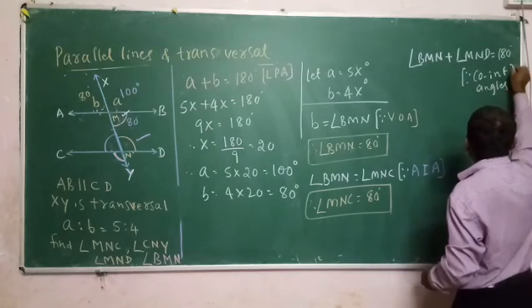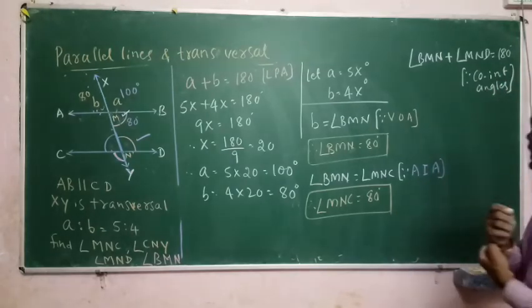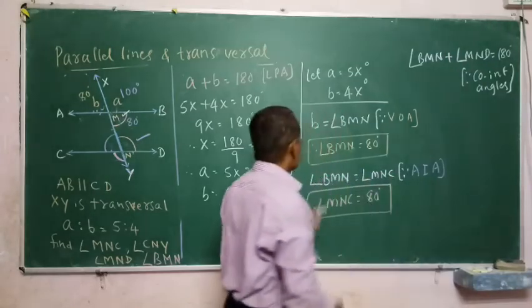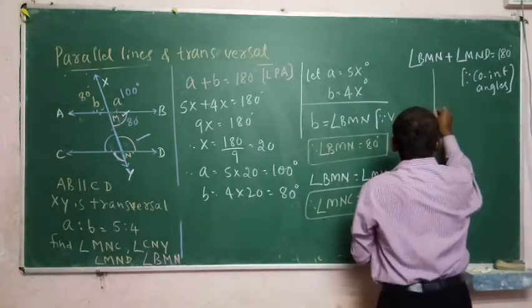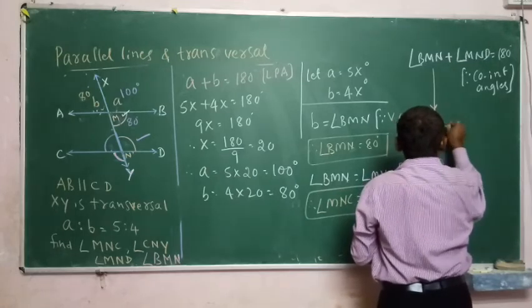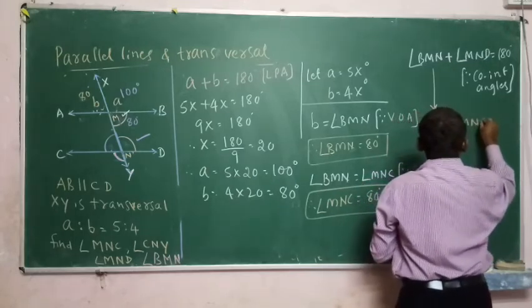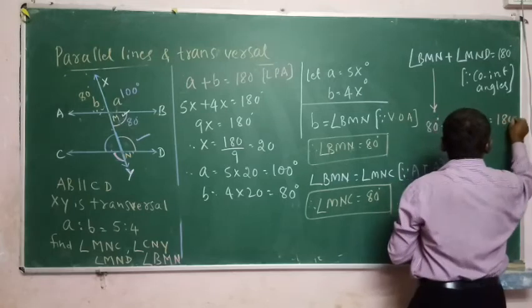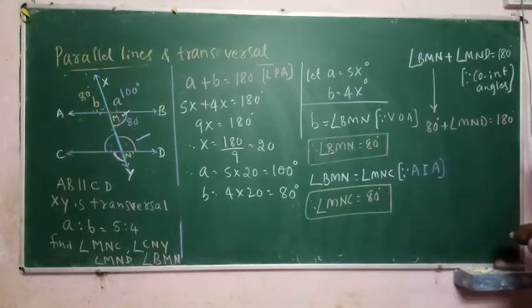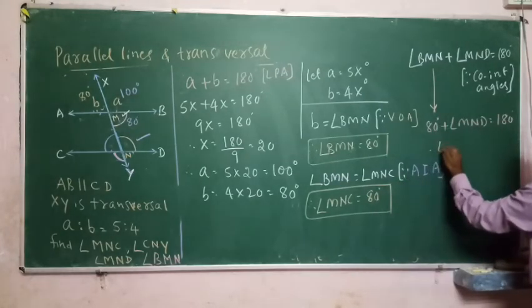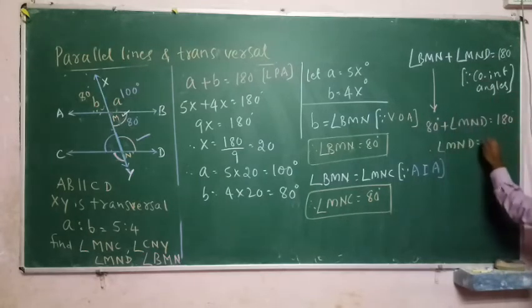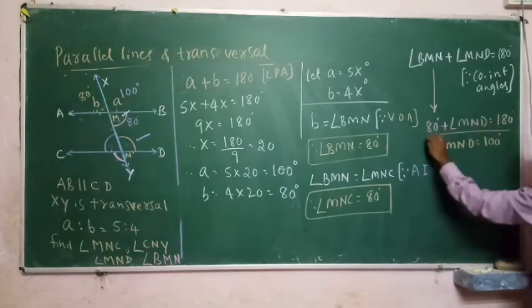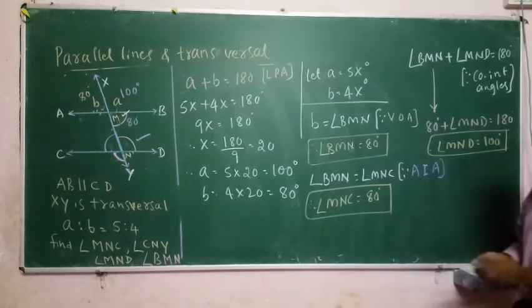You know that for co-interior angles, the sum is 180. Which angle is known to you? BMN is known. How much? 80. BMN 80 degrees plus angle MND is equal to 180. You can find angle MND. Therefore, angle MND is equal to 180 minus 80. Answer is 100 degrees.